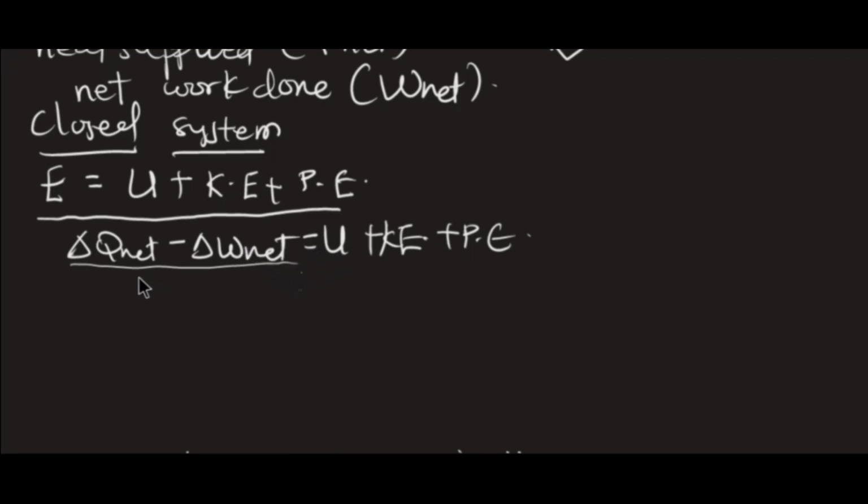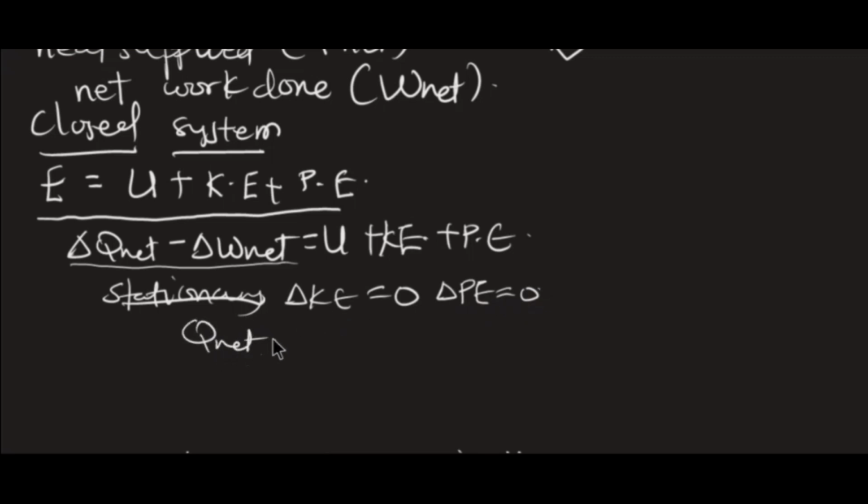Now, for a closed system which is stationary, since we are talking about potential and kinetic energy, if your closed system is stationary, then our formula will have delta KE equal to 0. Then delta PE will also be equal to 0. For that reason, we have Q net minus W net equal to the change in internal energy.